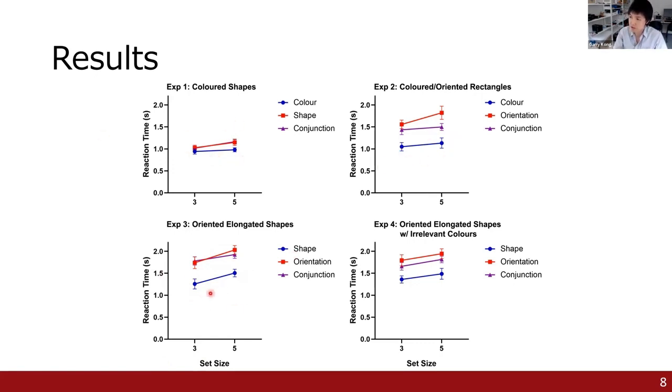Experiment 3, they're basing it on shape, even though shape was also a feature in the first experiment. However, they can only seem to search for a single feature. After that, they are forced to use that single feature to summon the second feature. So it becomes an object-based search after the first feature.